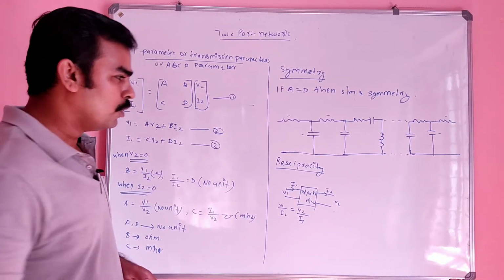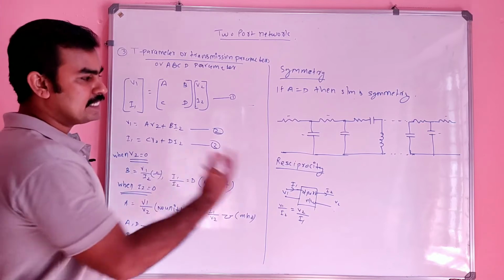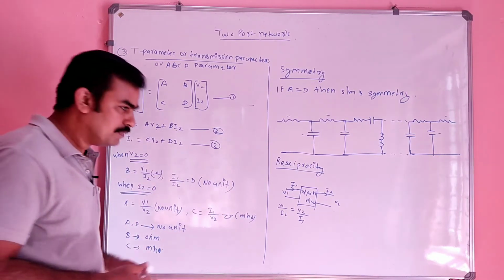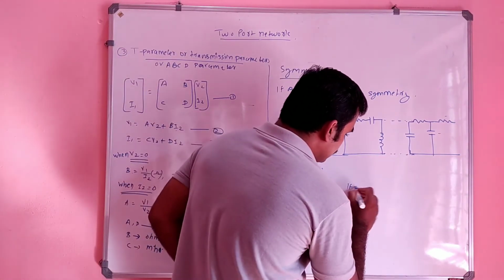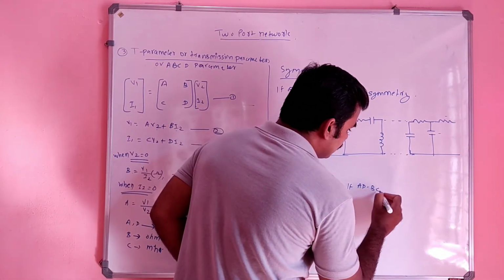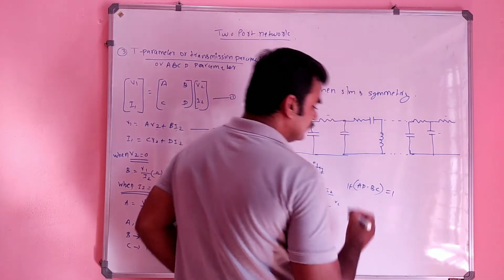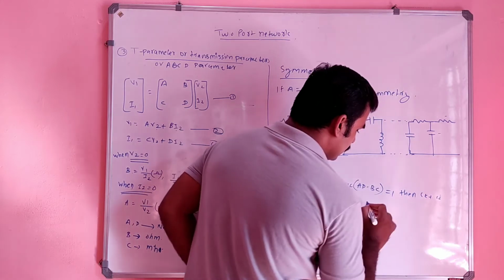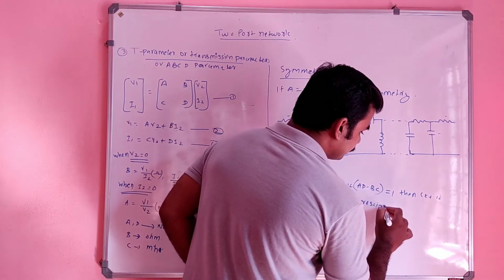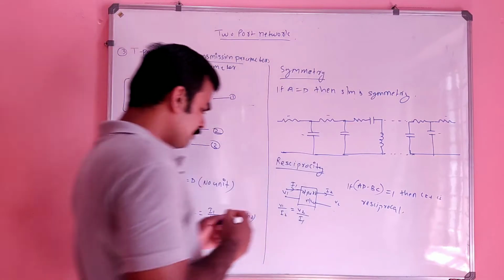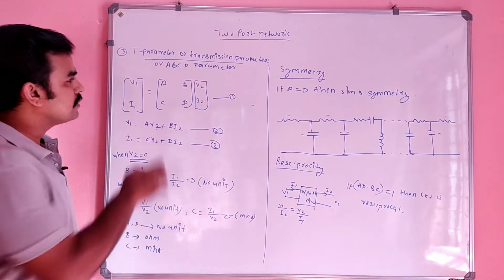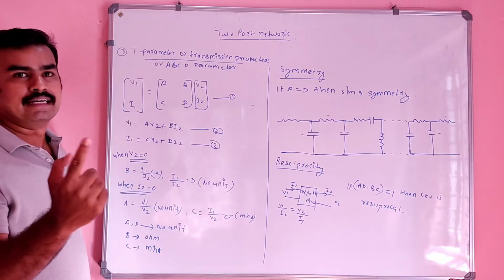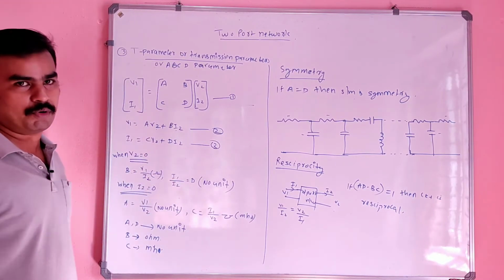That's all. So how can we predict whether the circuit is reciprocal or not by using ABCD parameters? If AD minus BC equals 1, that means A into D minus B into C gives the value of 1, then we can say that the circuit is reciprocal.